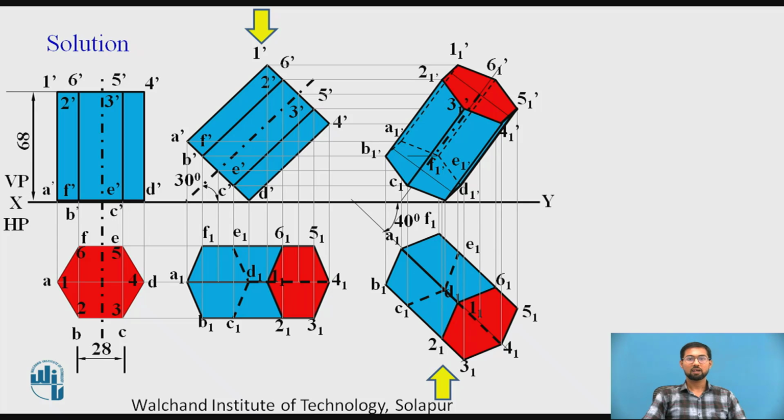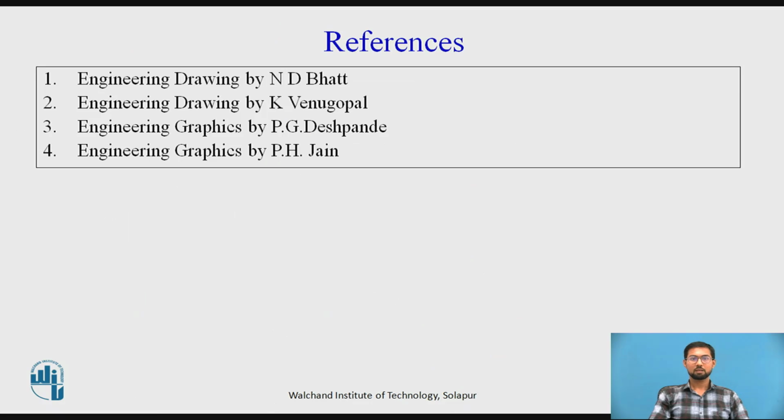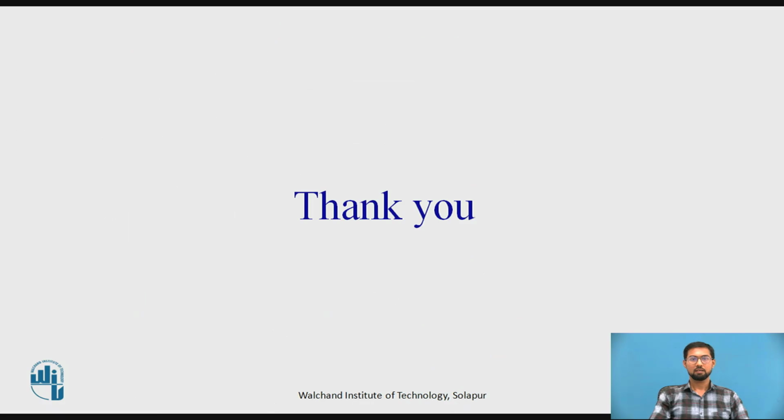Then F1 to E1 is again a hidden line, E1 to D1 is a hidden line. So F1 to 61 is a hidden line, E1 to 51 is a hidden line. So remember, like this we will complete our solution. These are some of the references. Thank you.